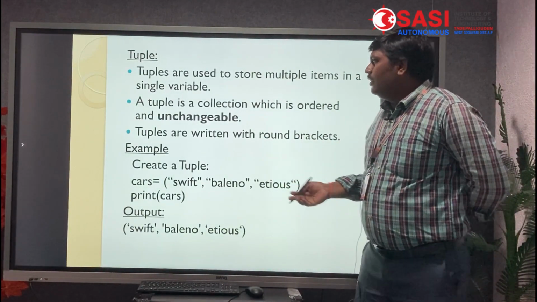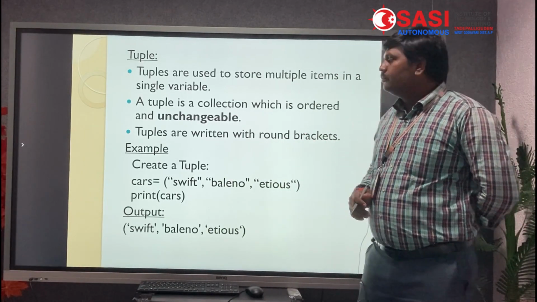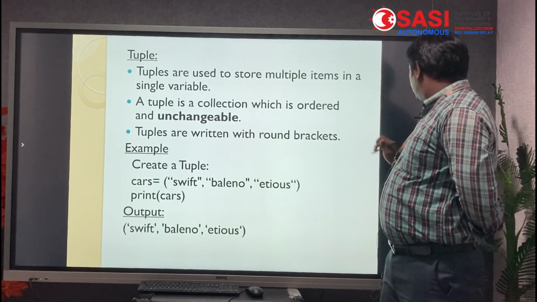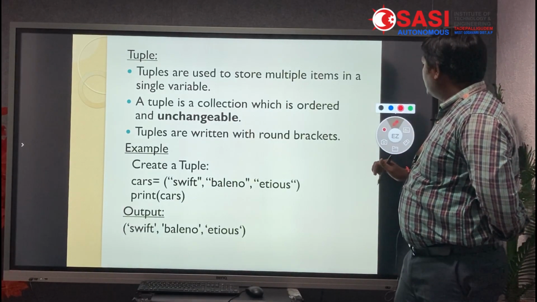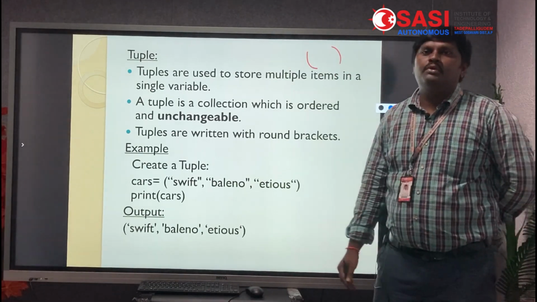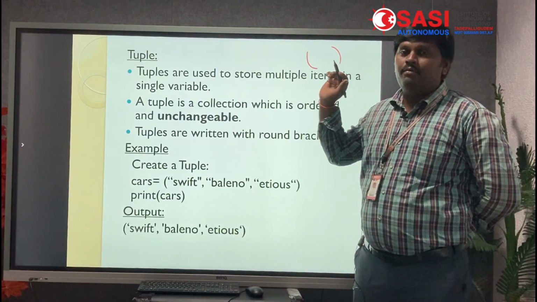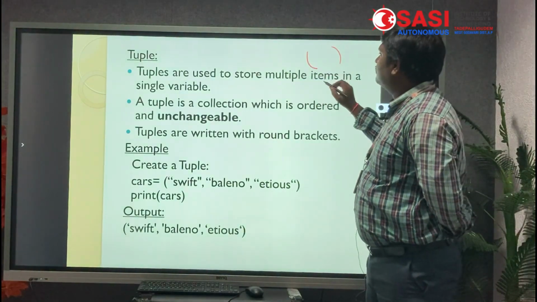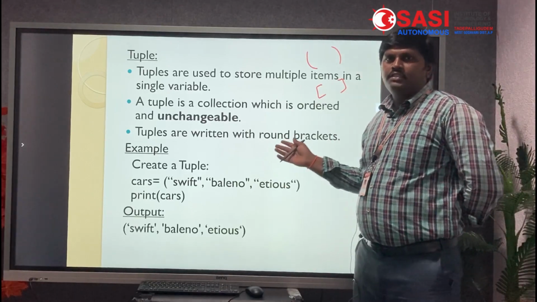Tuples are written with round brackets, which means parentheses. Tuple items are declared within the parentheses. List items are declared within square brackets. That is another difference between list and tuple.